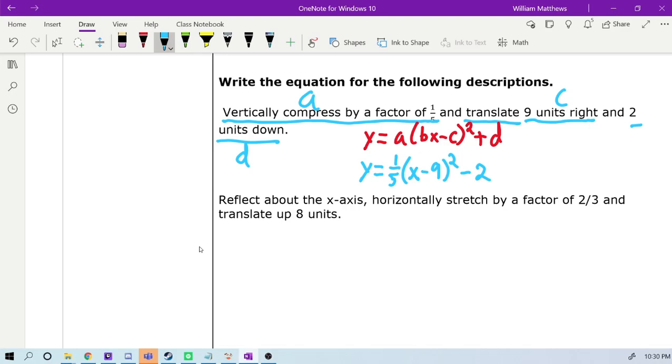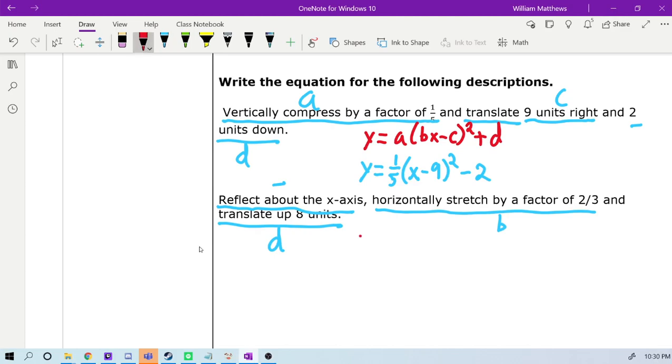Now our next one is the main thing that I wanted to focus on. It does have the key phrase of reflect over the x-axis. It has horizontal compression or horizontal stretch by a factor of 2/3. This would be our B. And translate up 8 units. Our reflection means that it's going to be a negative value on the outside.